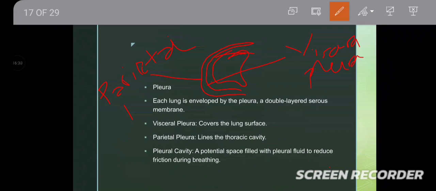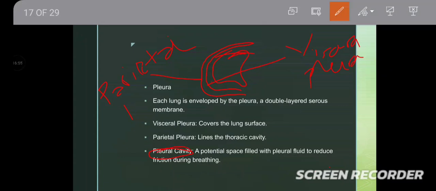So in between the 2 pleural membranes is a potential space that is filled with a small amount of fluid to minimize friction between the parietal and the visceral pleura during breathing. That space is called the pleural cavity.